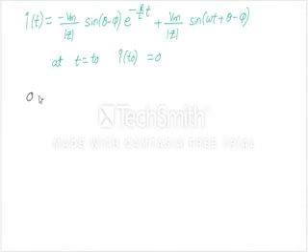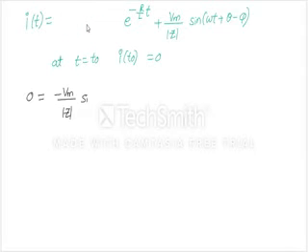So 0 is equal to minus Vm by mod z, and after getting this expression, this is C1.